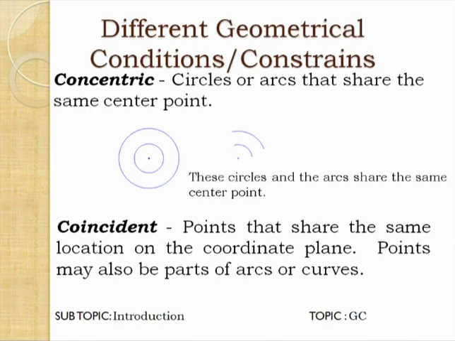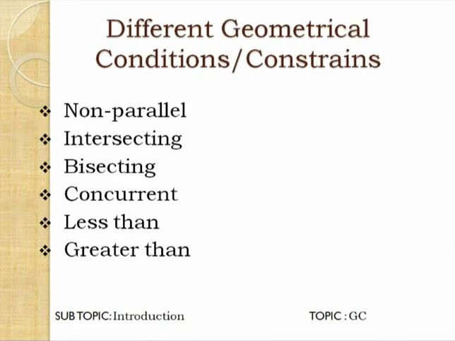When points share the same location on the coordinate plane, then the points are said to be coincident. Then other minor constraints are non-parallel, intersecting, bisecting, concurrent, less than and greater than. So these are the different geometrical constraints or conditions.